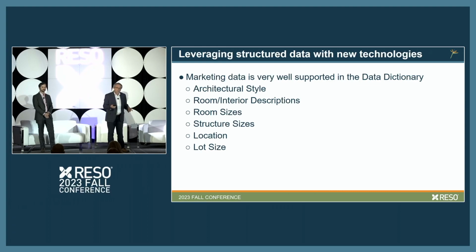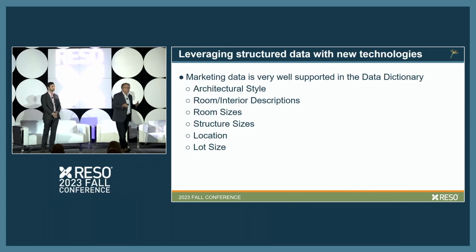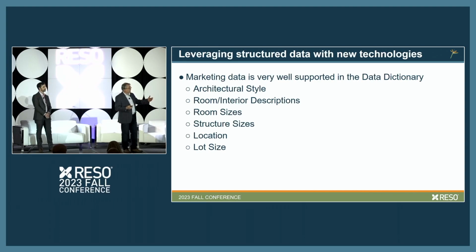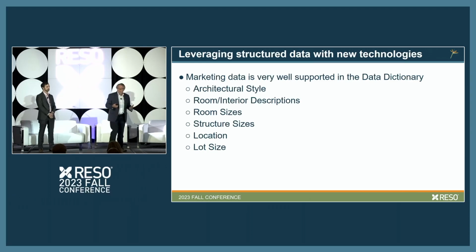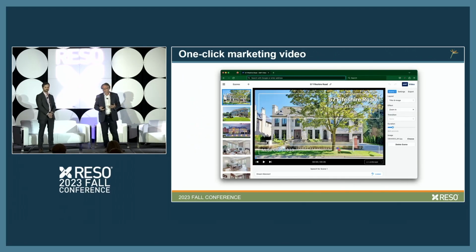And by taking that data and knowing that we're getting it in that standard format that data dictionary gives us, and accessing it actually by RESO Web API, by the way, then we can feed that into an AI engine. And that AI engine can say, oh, here's all this information about how this house is described, features about it.